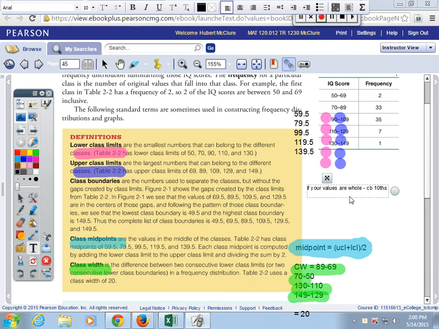If your values are to the tenth, your class boundary is going to be to the what? One more digit, hundredth. Class boundary is going to be to the hundredth. And one more, and you can get the pattern. If your values are to the hundredth, your class boundary is going to go to the thousandth. Everybody see the pattern?